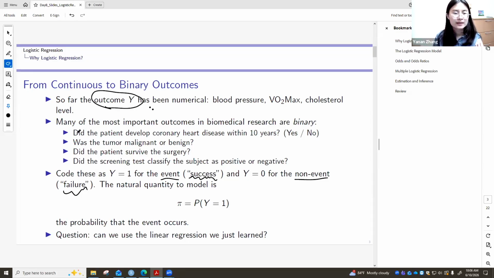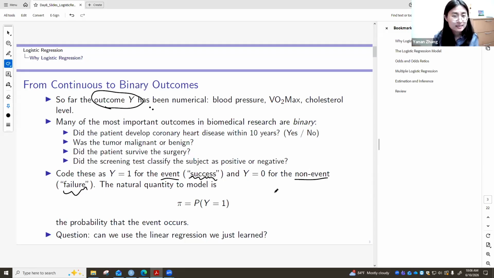Let's look at the coronary heart disease example. If we define having the disease as a success, then we will code the outcome Y as 1. People who don't develop coronary heart disease will be coded as 0. And you may ask, can we flip it?